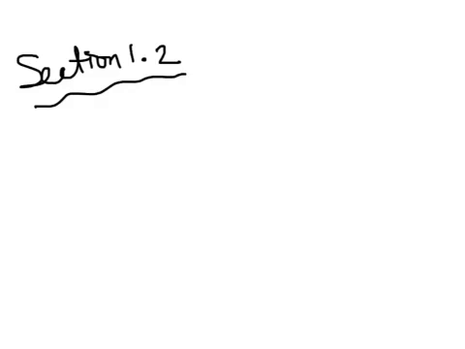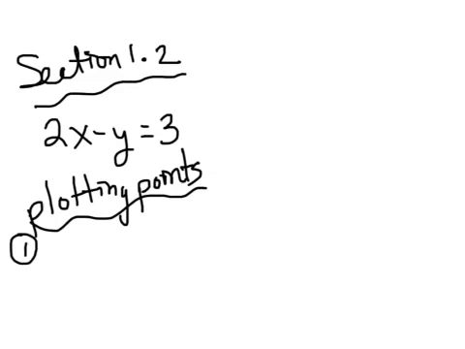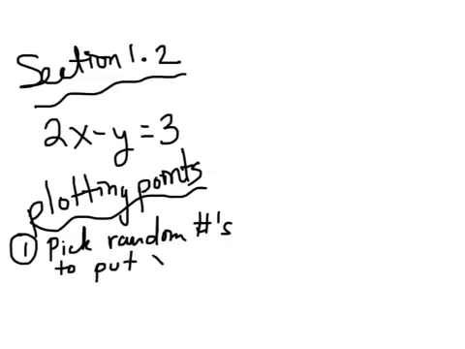So first thing that we're going to have is if they give you something like this. The first way that we're going to do this is by what I call plotting points. And what that means is that for our problem, the first step is you're going to pick random numbers to put in for y, or put in for x.